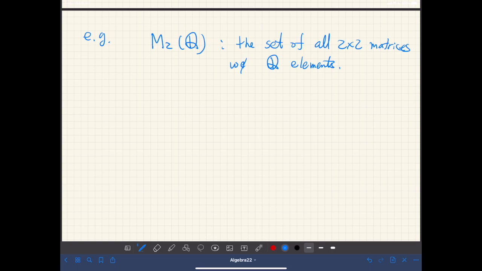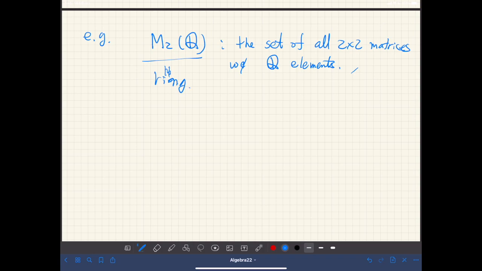This is actually a ring with the usual addition and multiplication of matrices, and you should check that. So this is a ring, as you can easily check.